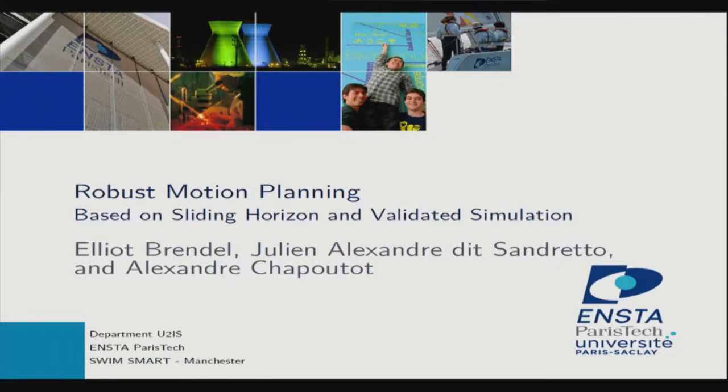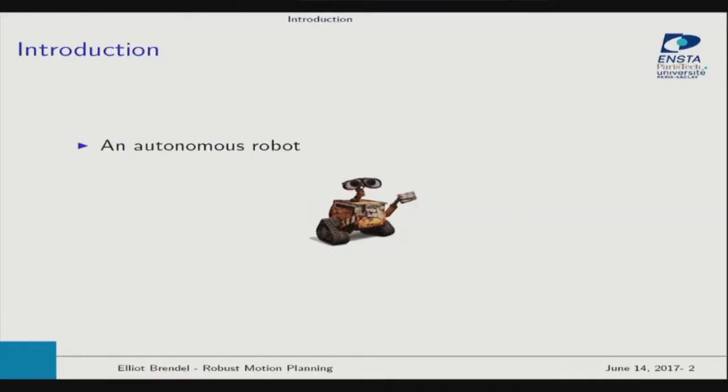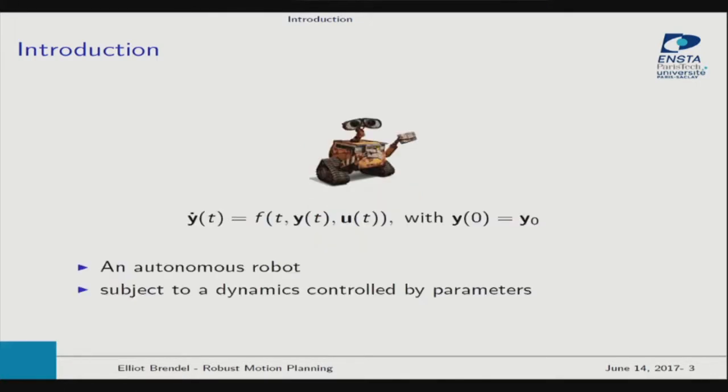At first, let's assume we have an autonomous robot, which is a critical system. So, for example, it's very expensive, or it has to perform a dangerous task. So it's subjected to a dynamics controlled by parameters. So here y is the state vector and u is the parameters.